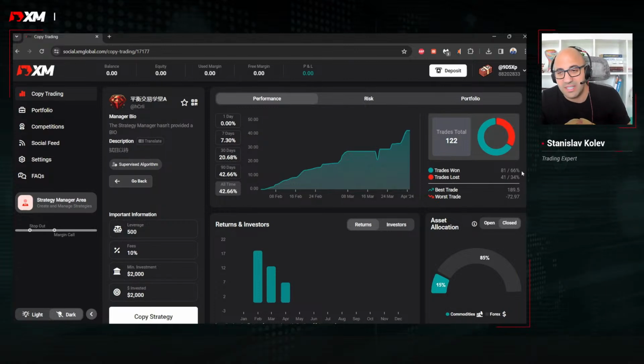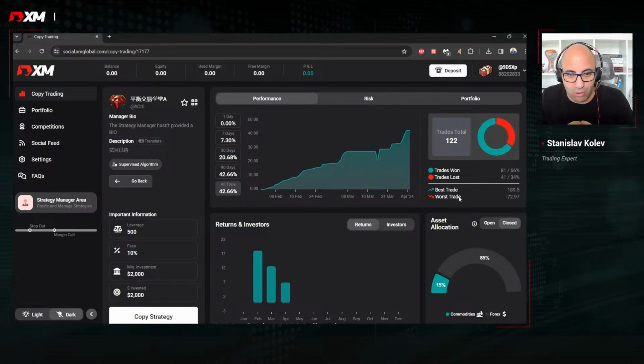So you see 66% of the trades are winners, 34% are losers. The best win is $189, where the worst trade is $72.97, which means that he has some very stable risk to reward ratio. He has twice more winners than the losers, plus his best trade is more than twice as rewarding as his worst trade.